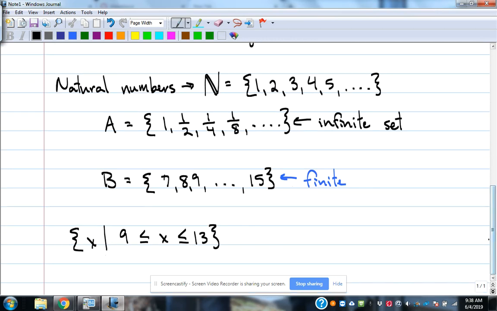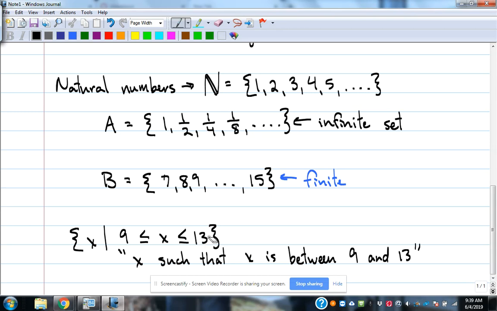And the way that that's read is x such that x is between 9 and 13. That's how that set is read. X, and then the straight up and down bar is the "such that" part. And then this inequality says, okay, x is between 9 and 13.